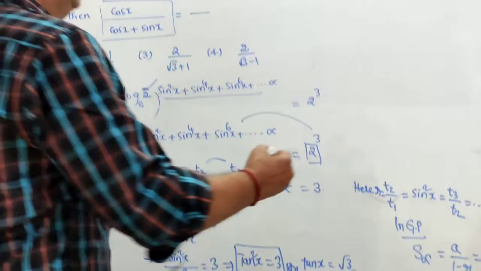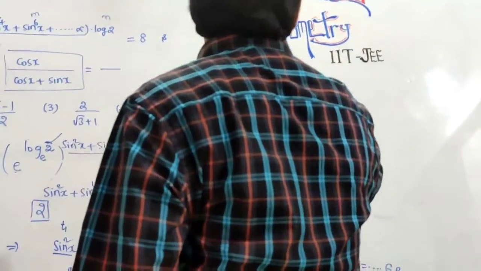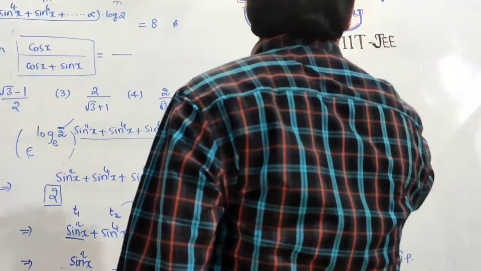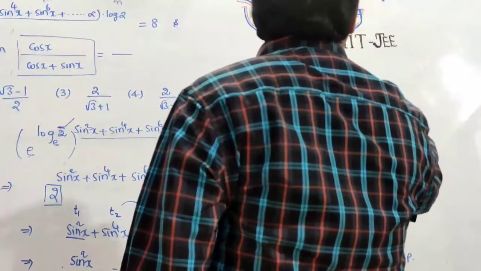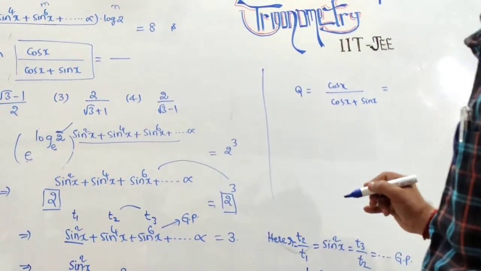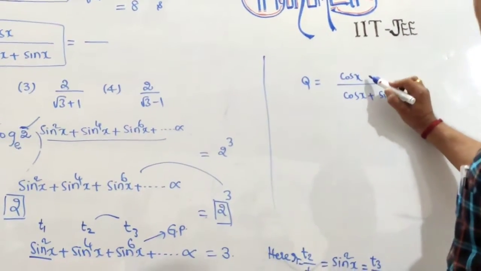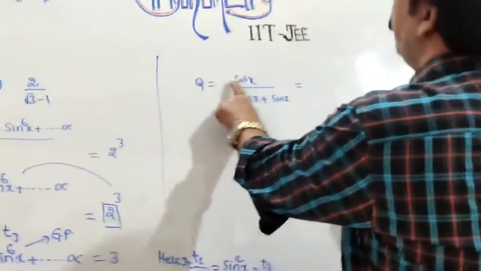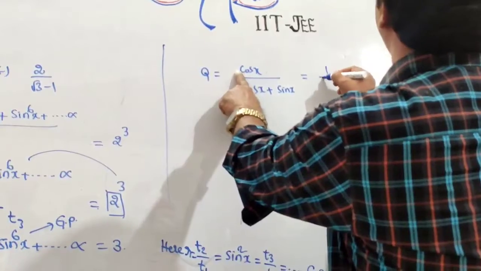Later, you come here. What is the question? The question is cos x divided by cos x plus sin x. One simple method is there: divide by cos x in numerator and denominator. Numerator divided by cos x gives 1.